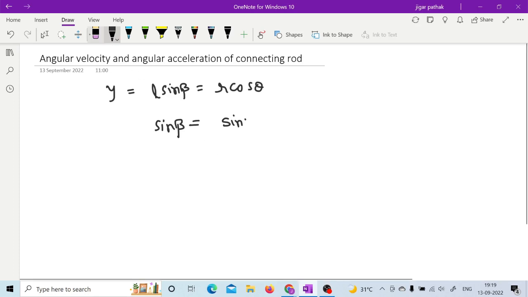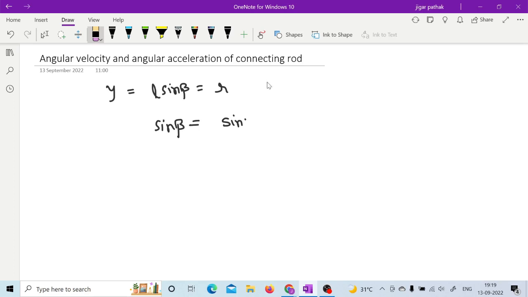Sorry, as we have seen from the geometry, y can be written with L sine beta or R sine theta. Right, so once you have this, you can write sine beta is equal to sine theta by n. Why? Because n is equal to L by R. So sine beta can be written as sine theta by n.